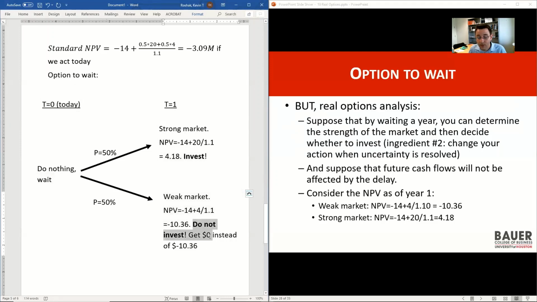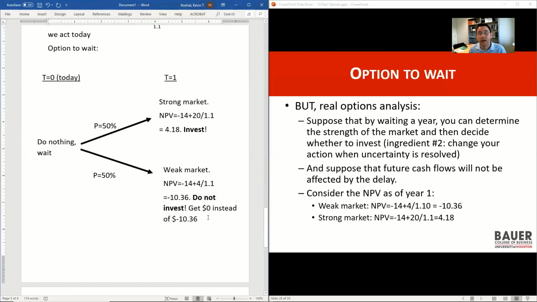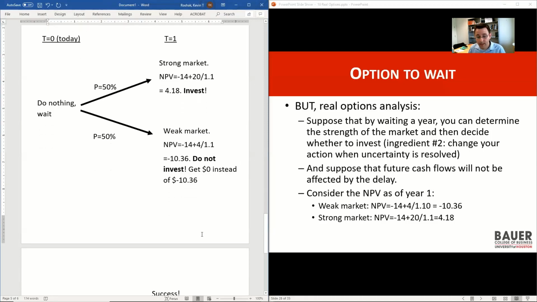So we're not going to invest here. We're going to get a 0, which is a lot better than -10. Okay. Once we have the tree set up like this, we just have to walk backwards. We move from time 1 to time 0 to see how much the project is worth to us, incorporating the option.